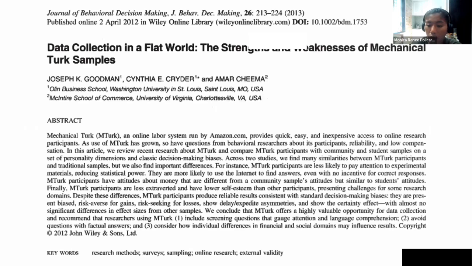So here's an example. This is about how they find MTurk samples can be a little tricky because, for instance, those who are answering surveys via MTurk are usually the ones who are inattentive to the content of the study, that they tend to just skip over if they can, or to just mindlessly respond without variability.